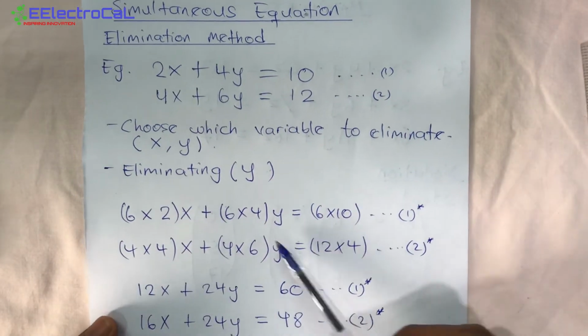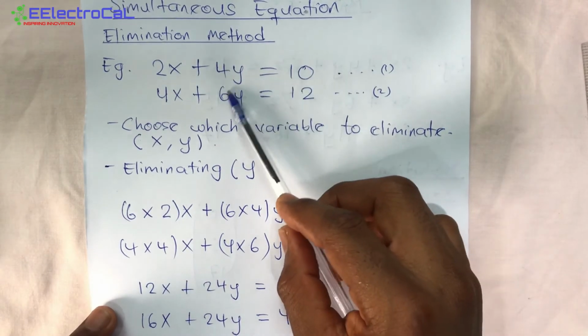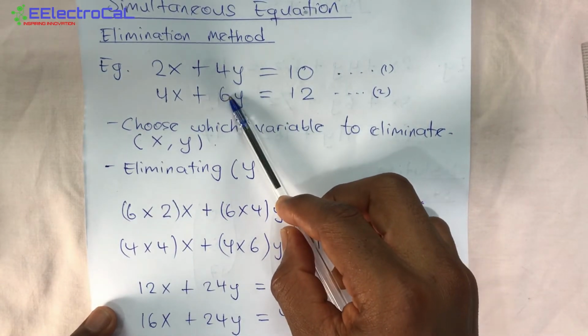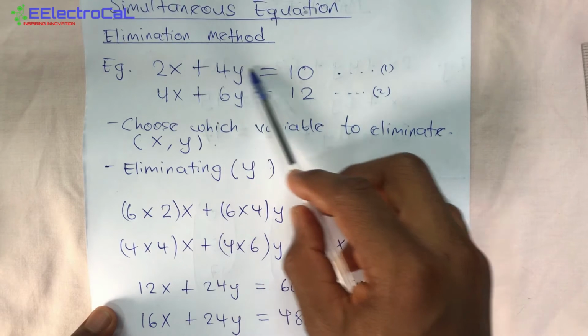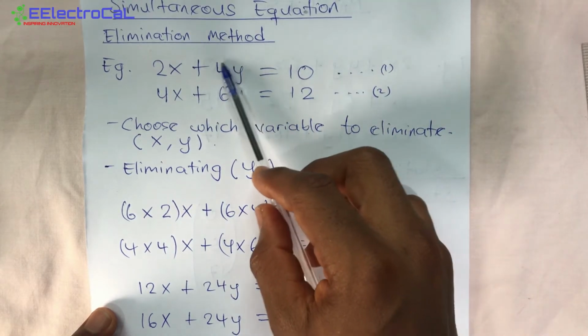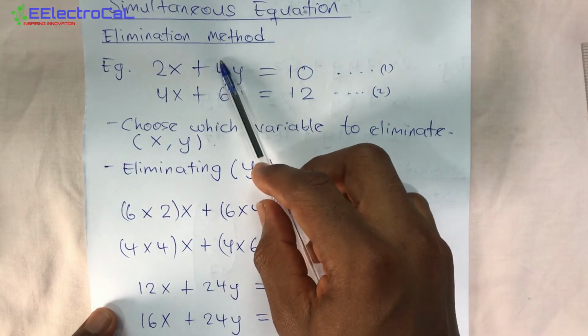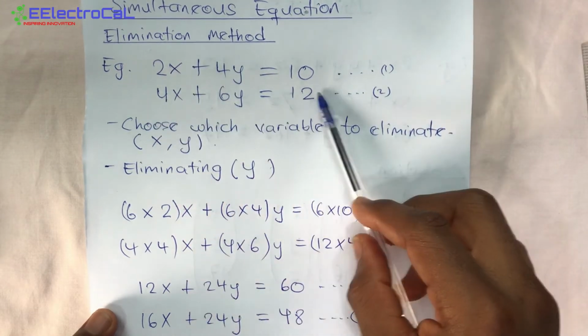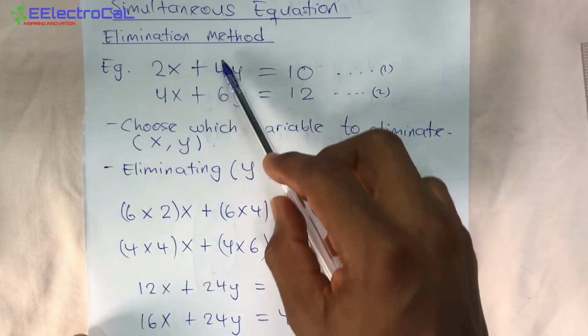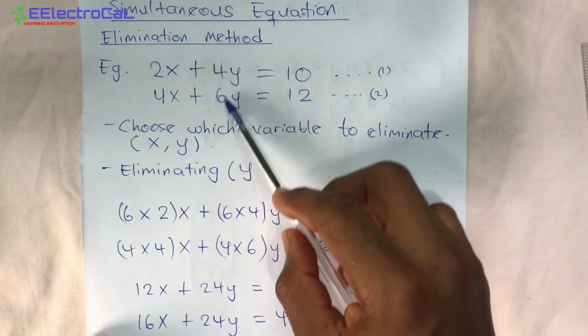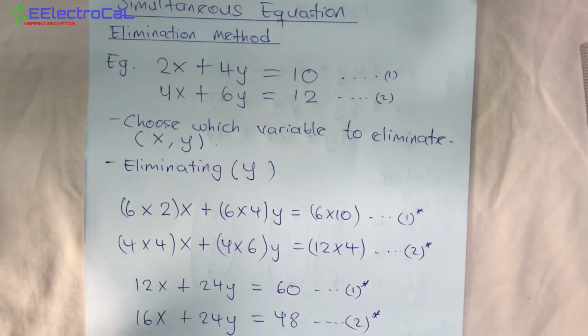To do that, we take the coefficient of y in the second equation, which is 6, and multiply through the entire first equation. Then we take the coefficient of y in the first equation, which is 4, and multiply it through the second equation, and that will result in an equal coefficient of y.